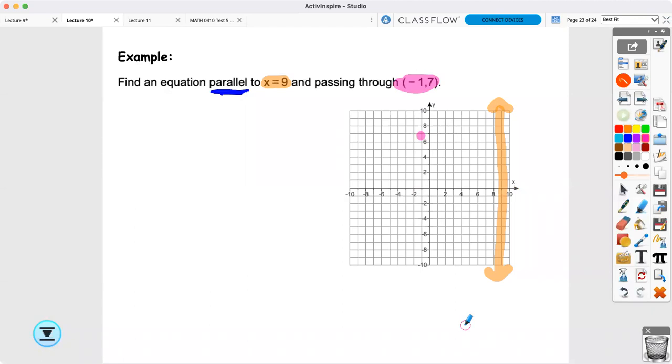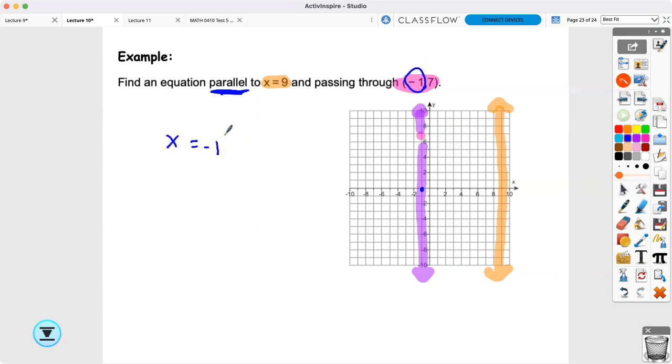To be parallel to the orange line, we're going to have to draw another vertical line. So go ahead and draw that there. So it'll be boom, and boom. Now look at what x value it went through. x is equal to -1.